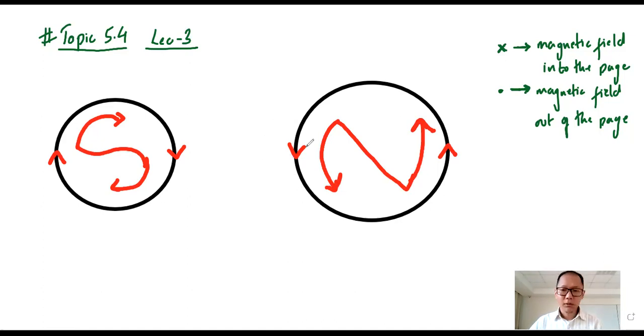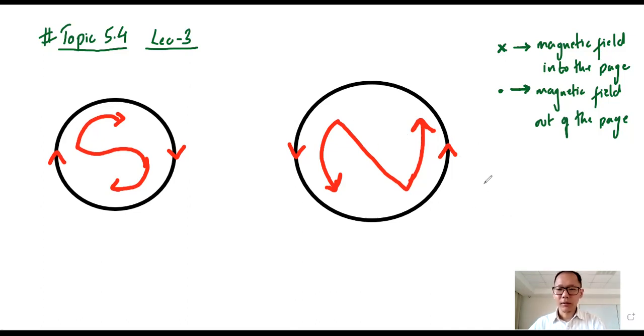Now let us try to understand it in a little bit more detail, like in dot and cross notations here. If you ever get confused about which direction the north is, you can again use the right hand rule, and you can still find it.